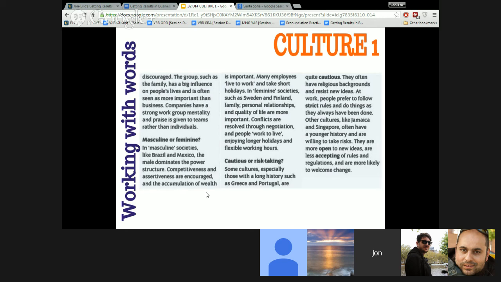In feminine societies such as Sweden and Finland, family, personal relationship, and quality of life are more important. Conflicts are resolved through negotiation, and people work to live, enjoy longer holidays and flexible working hours.